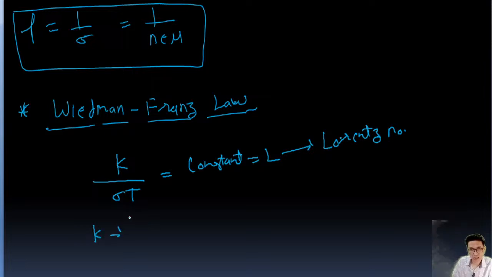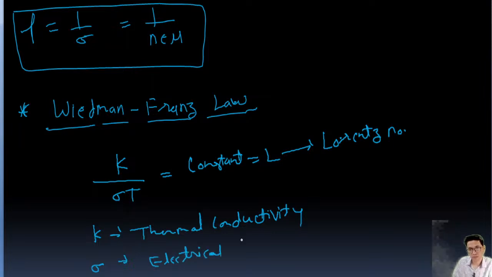K is the thermal conductivity, and sigma is the electrical conductivity.